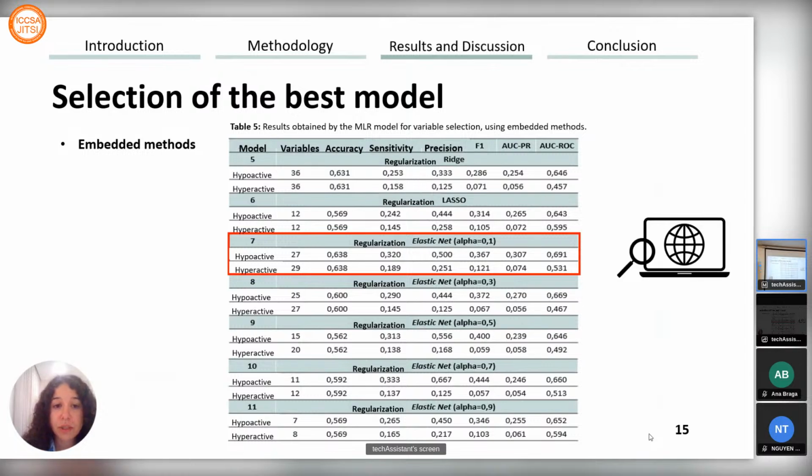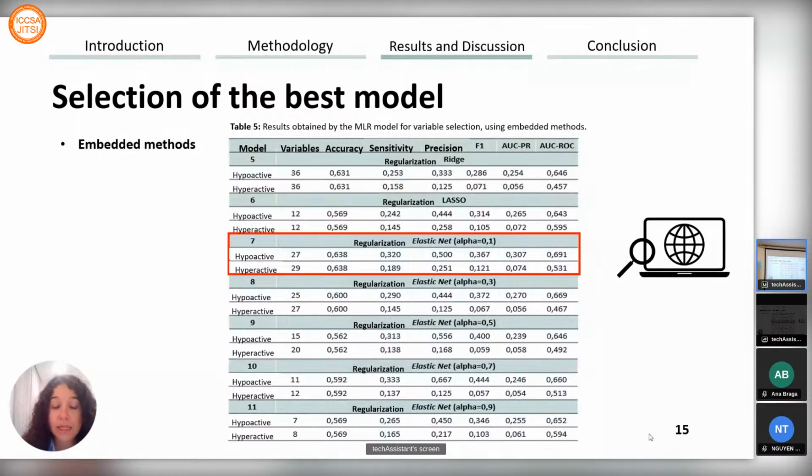Finally, in models 7 to 10, elastic net regularization was implemented for different alpha values, where the model with alpha equal to 0.1 shows better results with higher values for the AUC ROC metric and a slight increase for AUCPR and F1. Although models 8, 10, and 11 show similar results with a smaller set of variables, model 7 was chosen as it placed greater emphasis on the higher values obtained by the metrics.